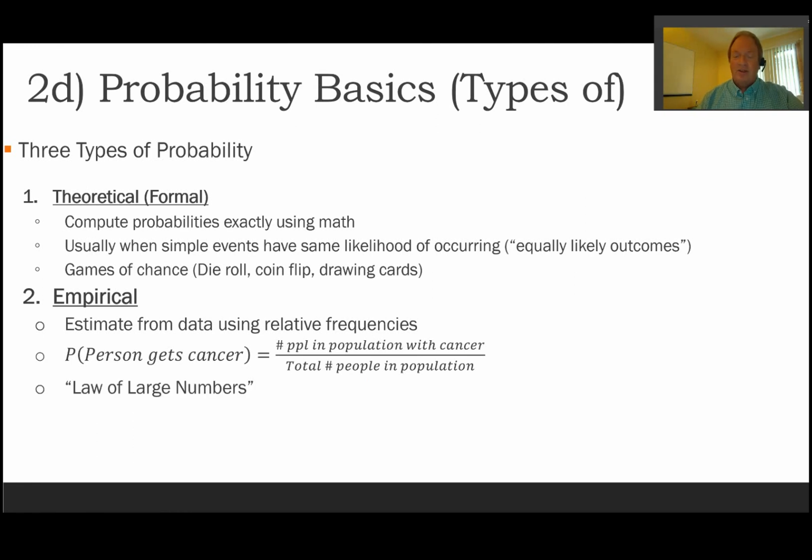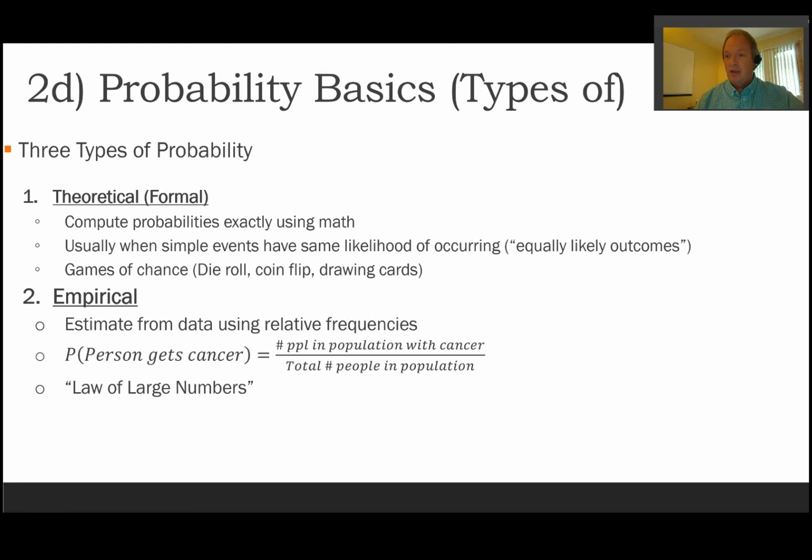Now, why does this work? This is based upon a mathematical fact called the law of large numbers. And the law of large numbers says that as the population size or the number of trials becomes arbitrarily large, it goes to infinity, this relative frequency begins to stabilize and converge to a single value.